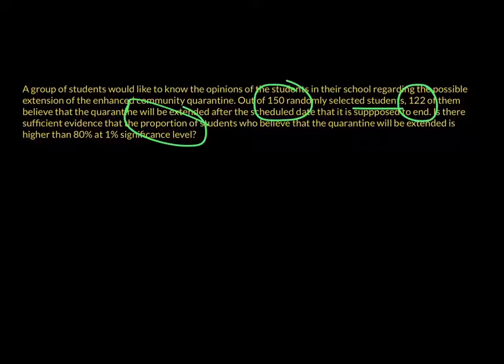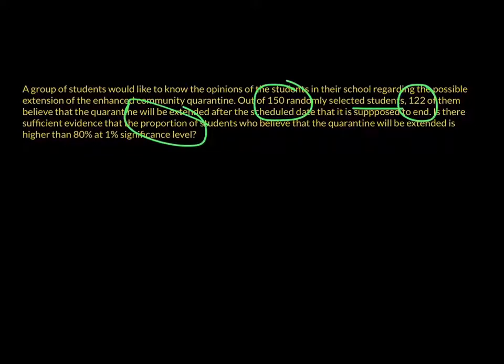So we will be performing a hypothesis testing on one population proportion. Now it's one population proportion because, as we can see, there's only a single group of sample that was considered, and that's 150. Why is it called one population proportion? Because there is also another case in which you will consider two population proportions. But this is an example on one population proportion.